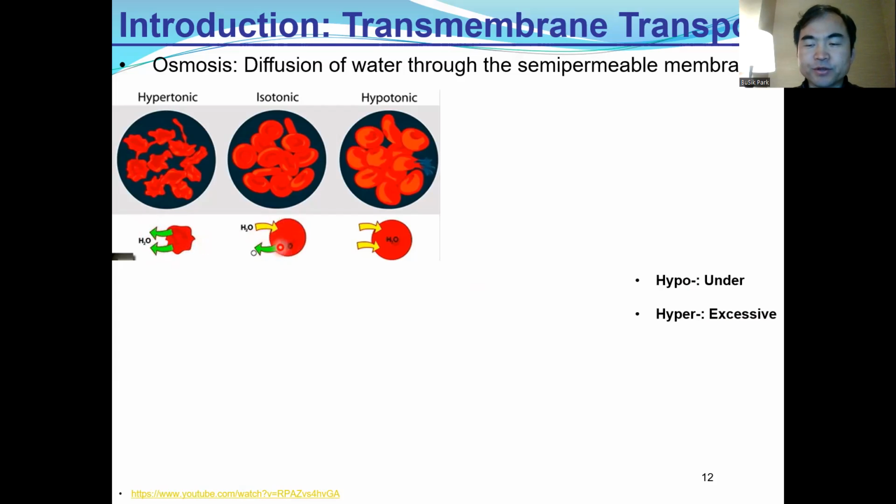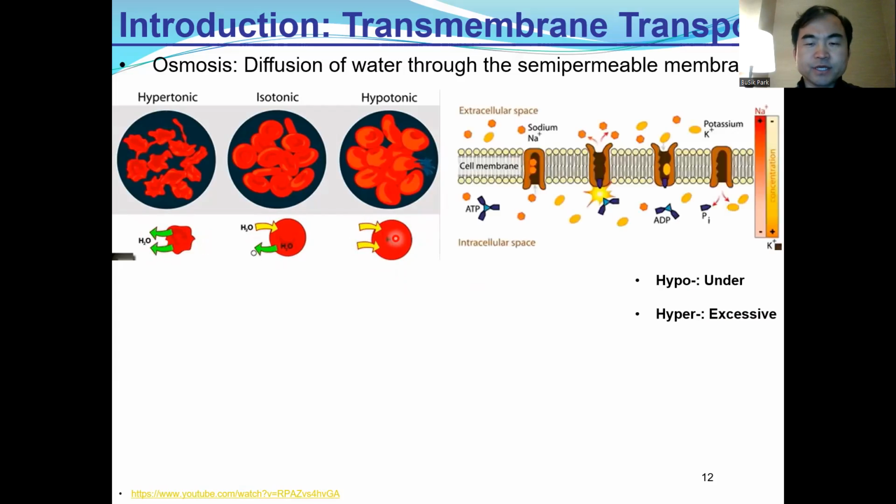Isotonic is the equilibrium state, and hypotonic is under concentration, so water molecules can come in. So those are the three states.